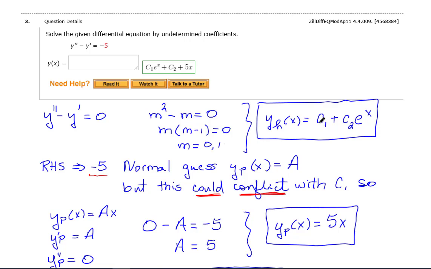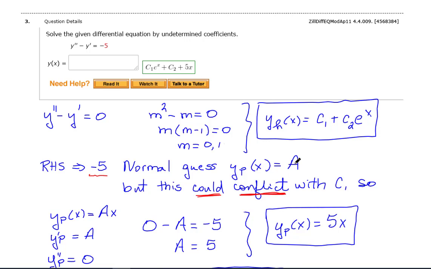So c1 e to the 0, e to the 0 is 1. So I get c1 plus c2 e to the x. Now, right hand side is -5. I would normally guess as a particular solution y p of x is a.